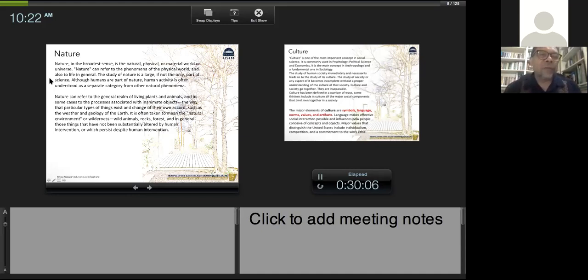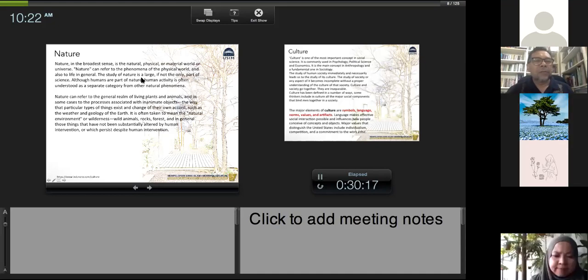Okay, let's move into nature. Just very briefly, nature in the broadest sense is the natural, physical, or material world or universe. Nature can refer to the phenomena of the physical world and also to life in general. The study of nature is large, if not the only part of science.